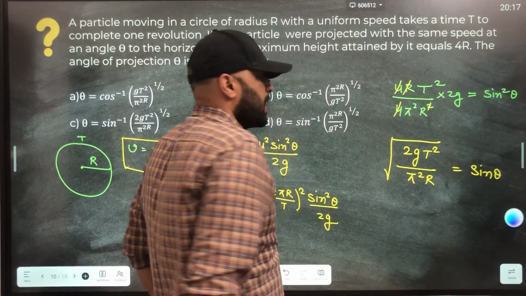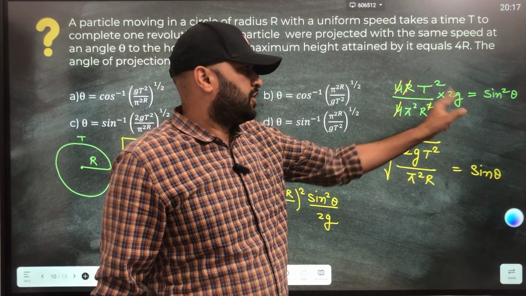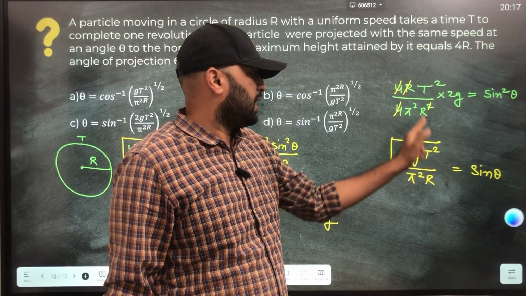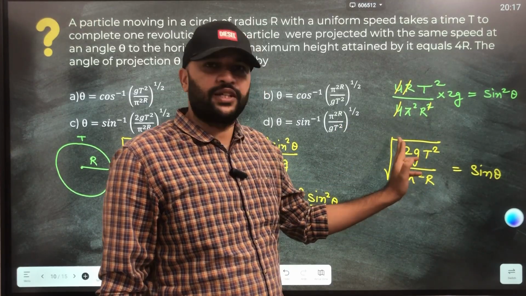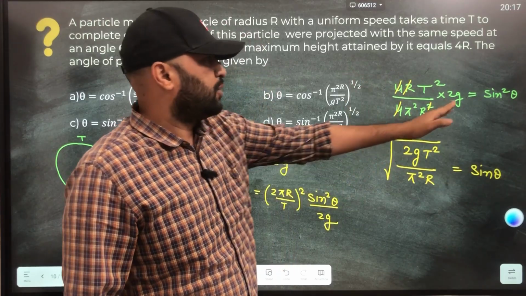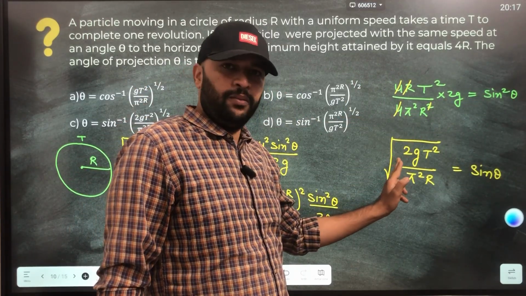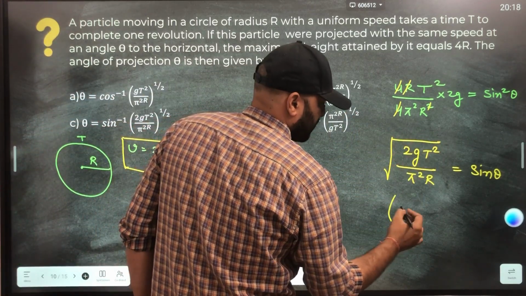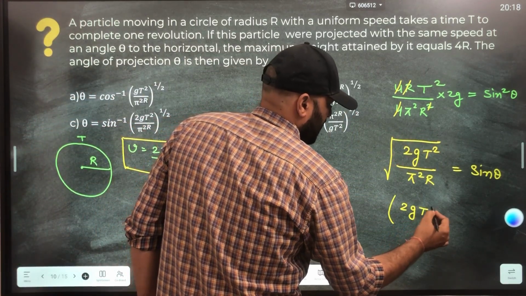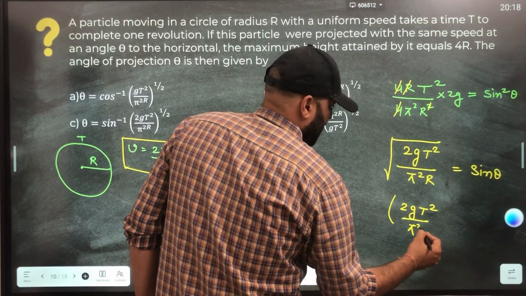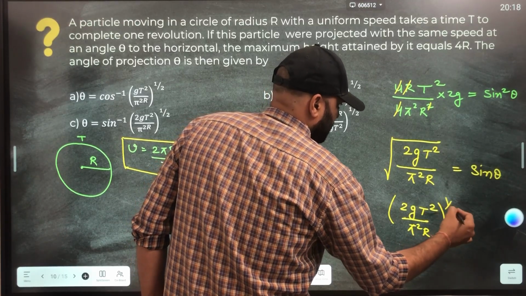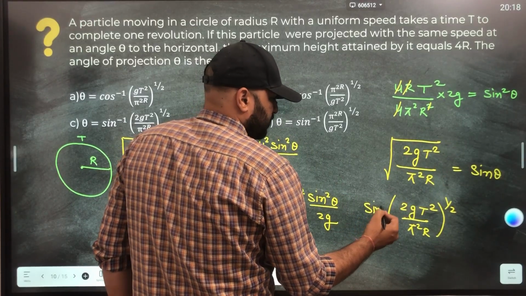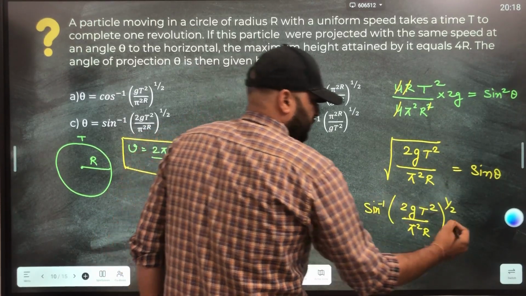Let me repeat again, t square and g, that is what you are left with, and also 2 is there, correct? So 2 gt square, and here pi square and 1 r is left, so pi square r, correct? And here I took the square that side, it became root. Clear? Now there is no root here, so they have written this root as power half. So 2 gt square upon pi square r whole power half, correct? And taking this sine on the left hand side, it becomes sine inverse.